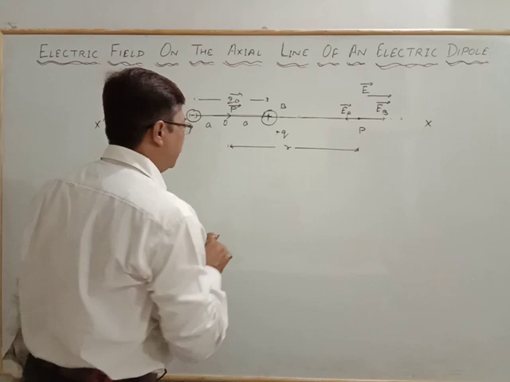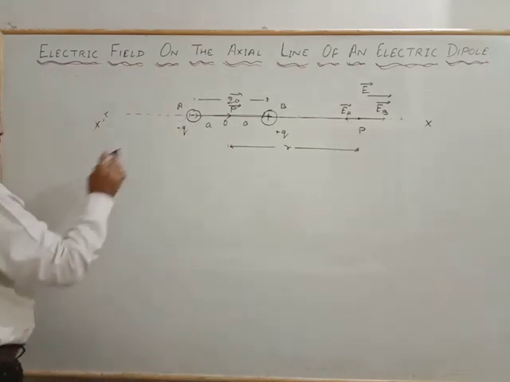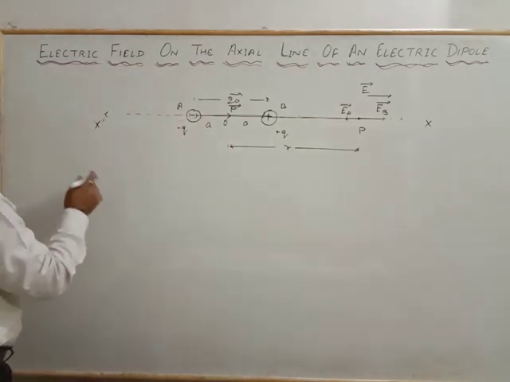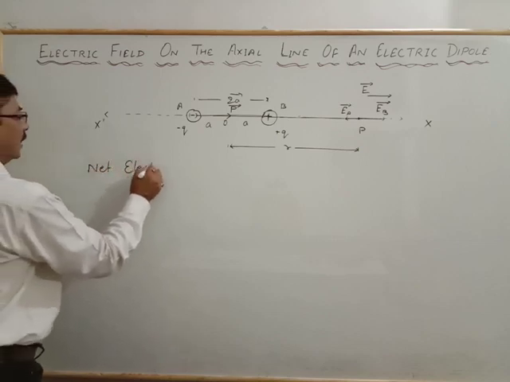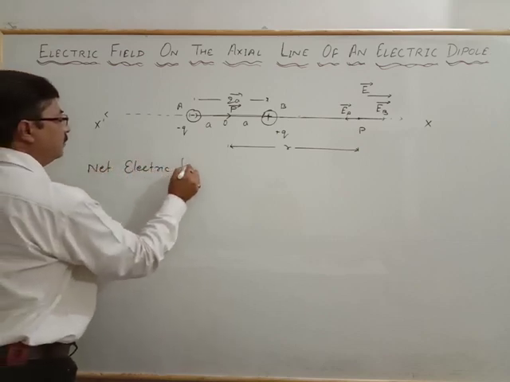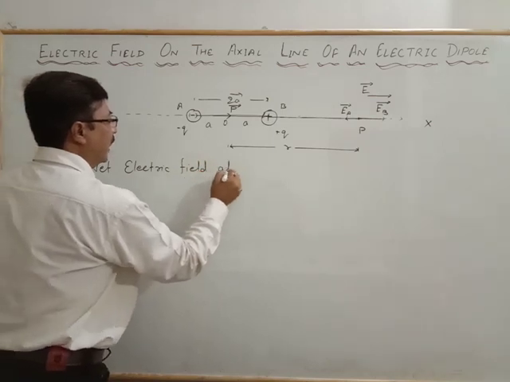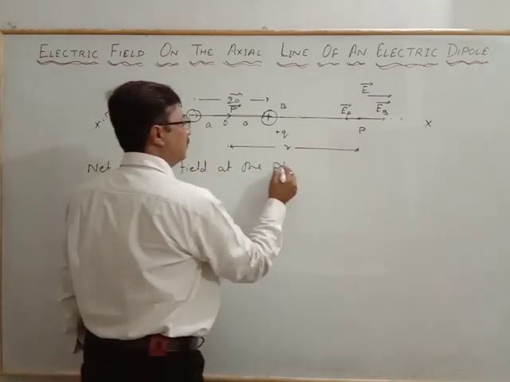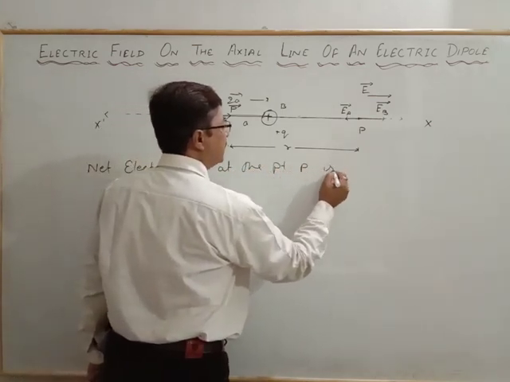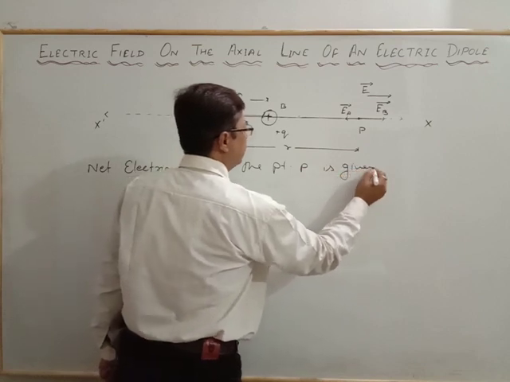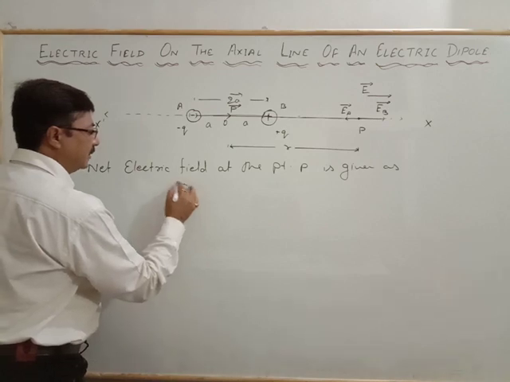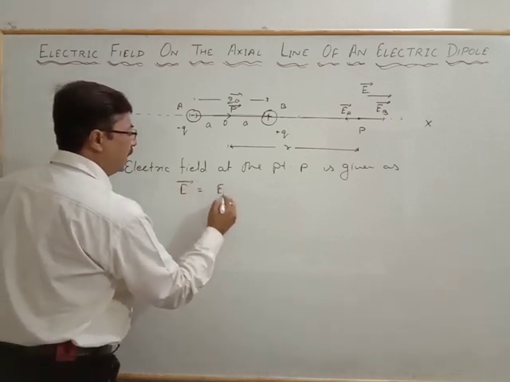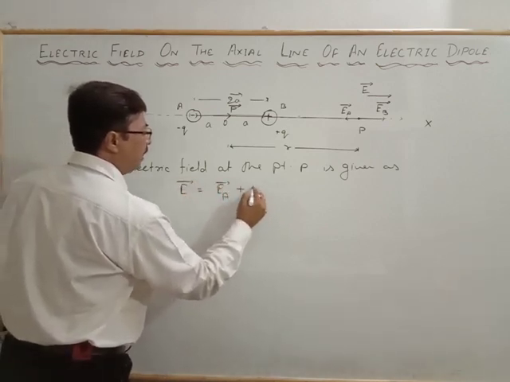Now we calculate the net electric field at the point P, which is given as E vector equal to EA vector plus EB vector.